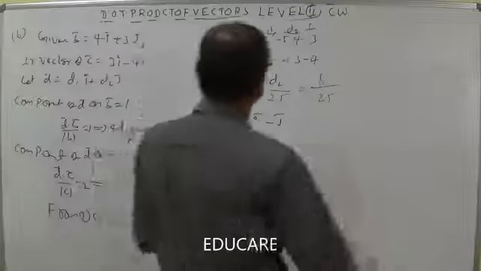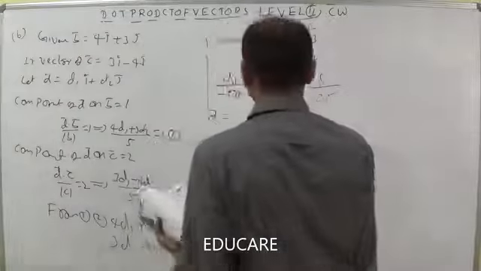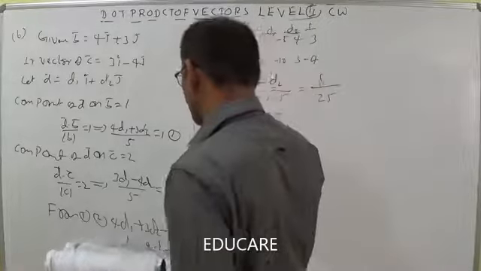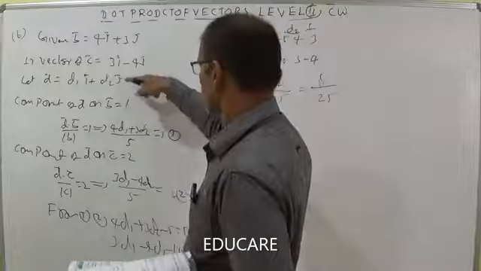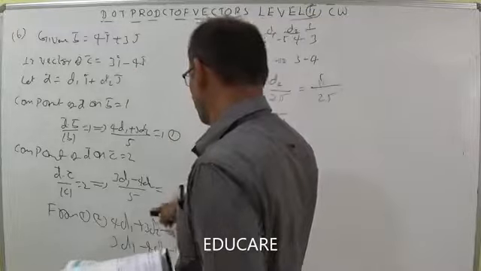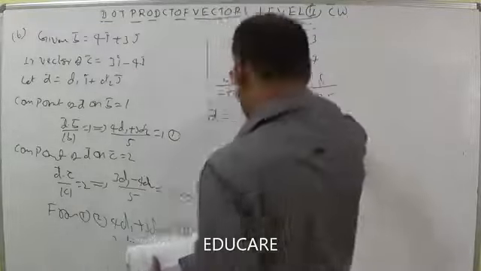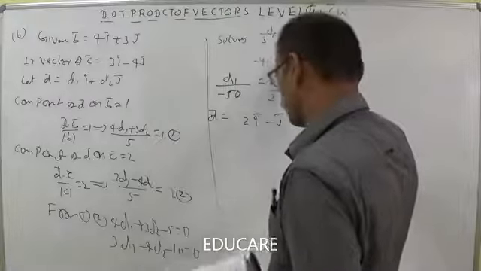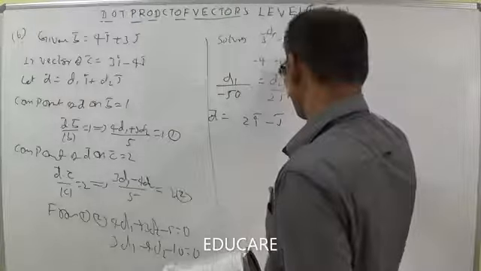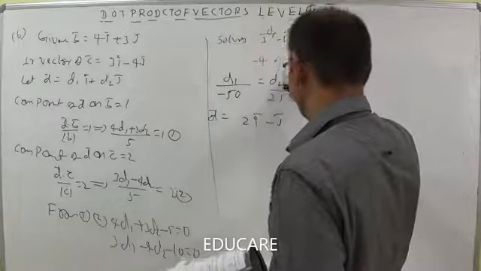Maybe mistaken here, minus 15 plus 40. Once again verify: 3D1 minus 4D2 is equal to 5, so 5 to that 10, 3D1 minus 4D2 minus 10. 3, minus 5, 4, 3; here minus 4, minus 10, 3, minus 4.